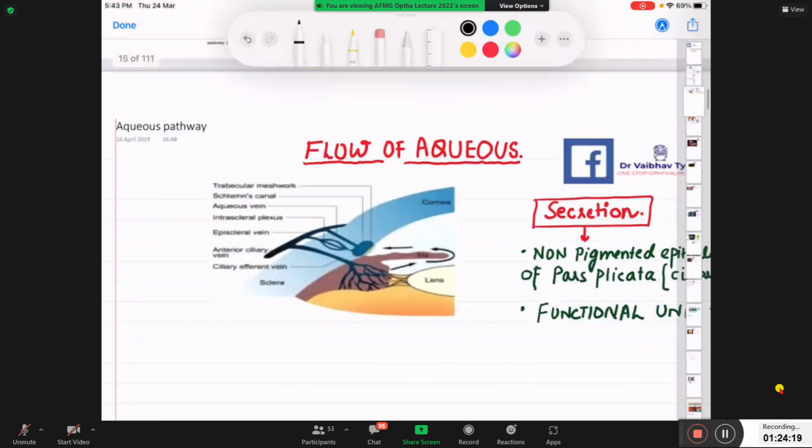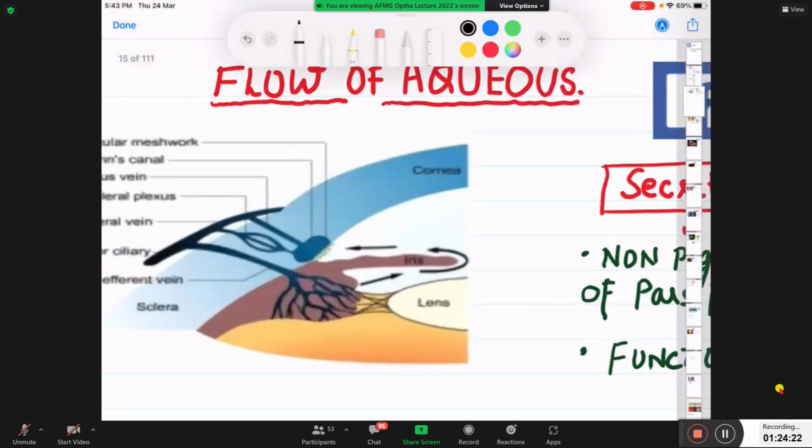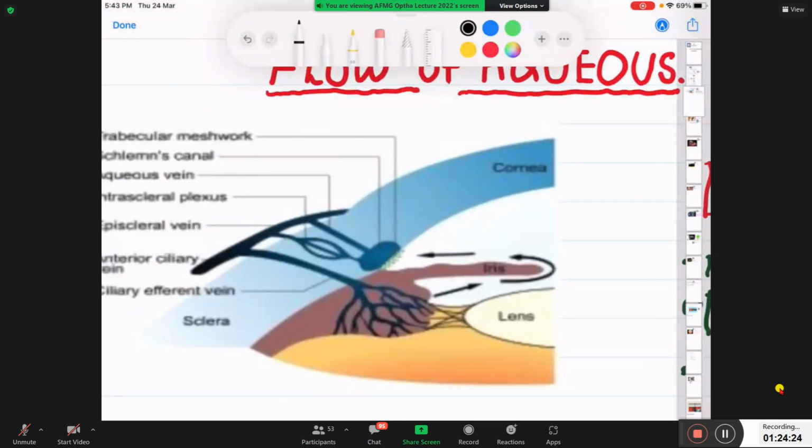This is a magnified view of the anterior segment of your eye. This is your cornea and this is the back of the cornea. This is your anterior chamber, AC, behind the cornea and in front of the iris. This is your iris and these extensions are the ciliary processes. So this is the exact location of secretion of aqueous humor.